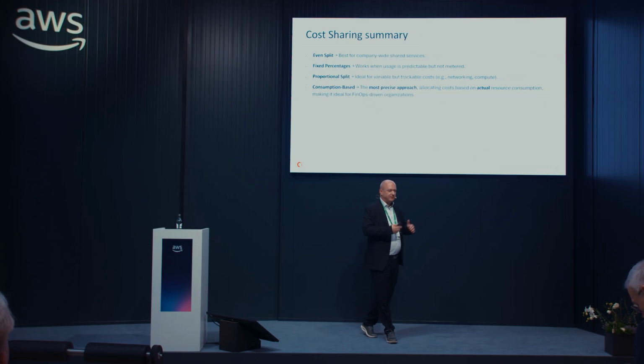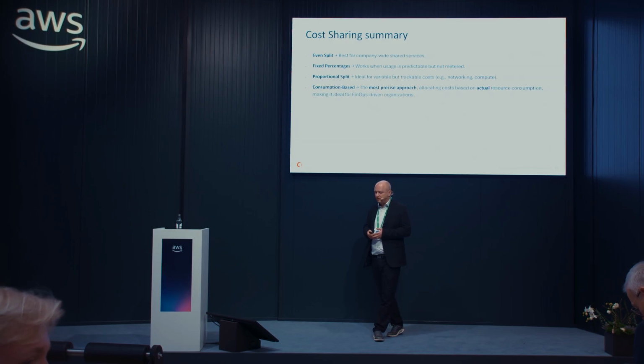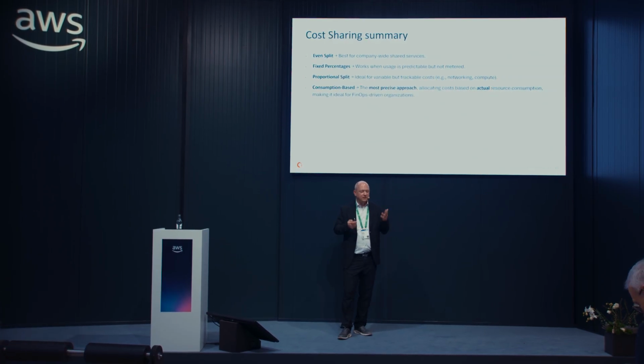Proportional split makes sense if the consumption of the shared environment actually scales with the proportion of the cloud spend. So a proportional split would also be a quite easy solution. The most fair way, but it comes with some effort, is the consumption-based split, which means you need to introduce another metric.